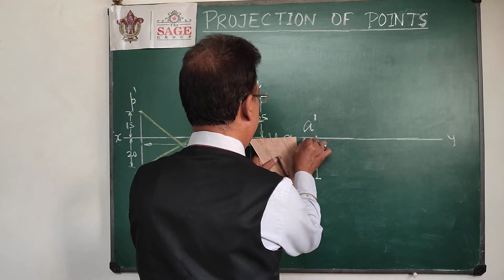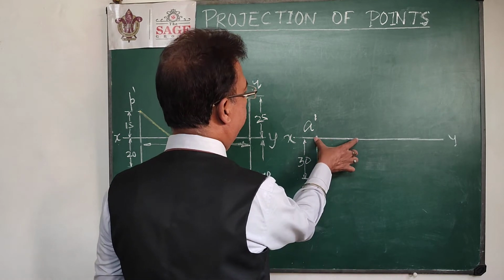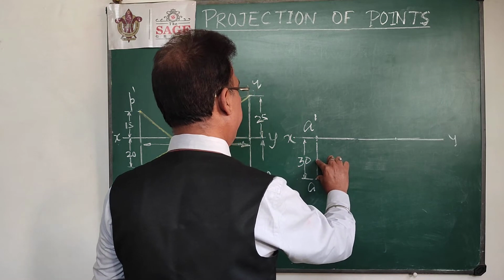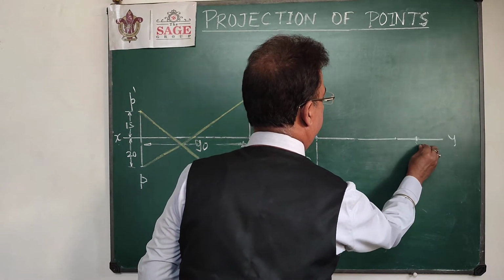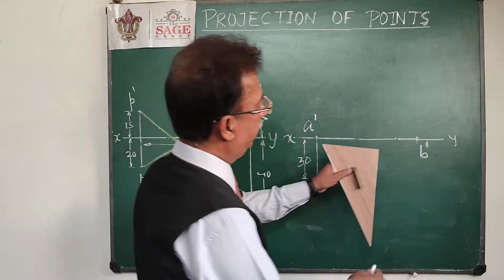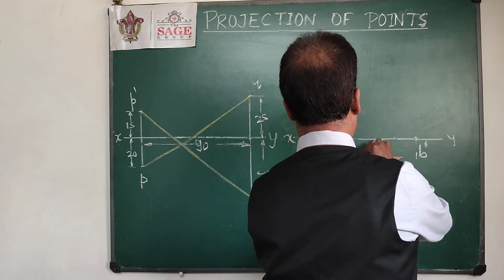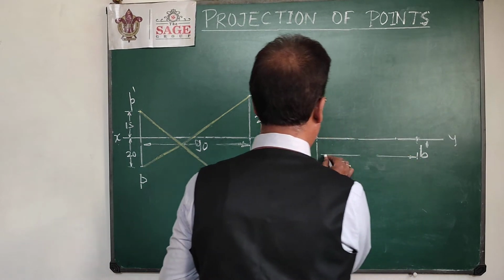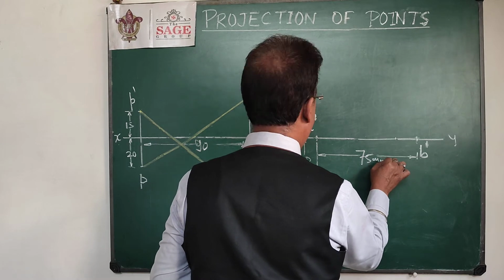Now they are saying that the distance between the end projectors of the 2 points is 75 mm. So if I shift 75 from this, I will get the point b dash. As we already know, the point B is also on the HP. So I have plotted b dash, the front view of the point B. So this is 75 mm.